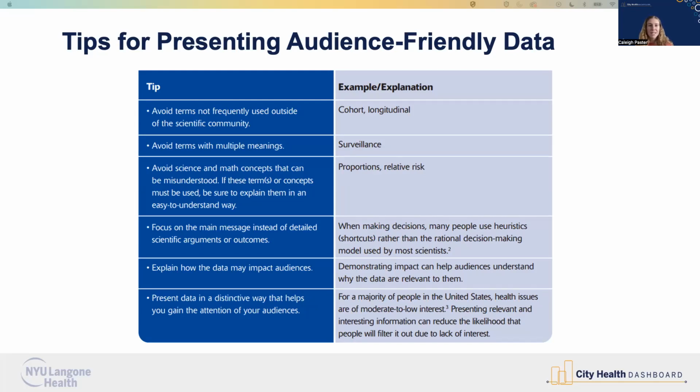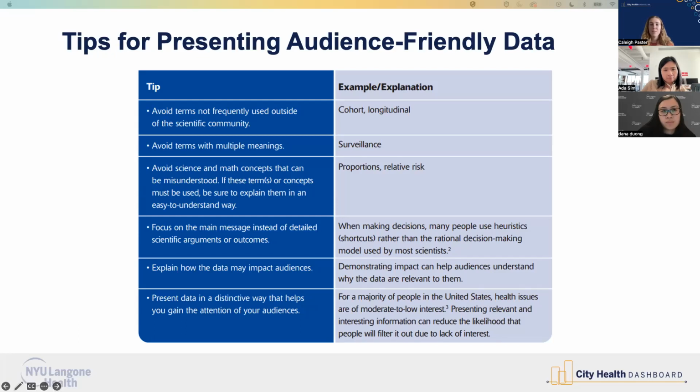For instance, the words cohort and longitudinal probably mean a lot to someone who's been involved in studies and works in public health. But for individuals who might just be living in their community, these aren't words they use in everyday life. So you want to break those down. Maybe that's saying a study group and then explaining what sort of group that is, as opposed to using the scientific term for it.